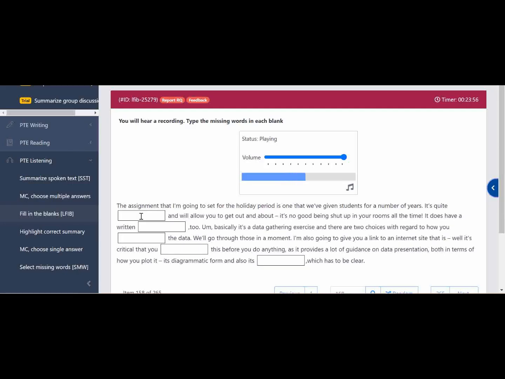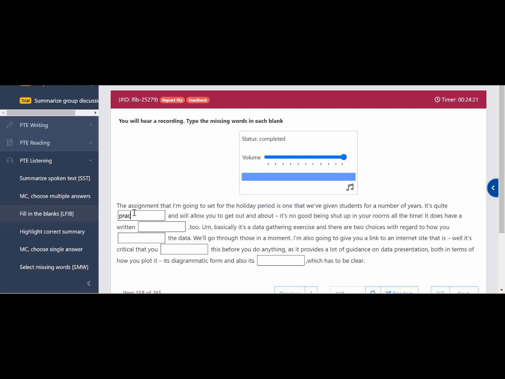We'll go through those in a moment. I'm also going to give you a link to an internet site that it's critical that you review before you do anything, as it provides a lot of guidance on data presentation, both in terms of how you plot it, its diagrammatic form, and also its description, which has to be clear.